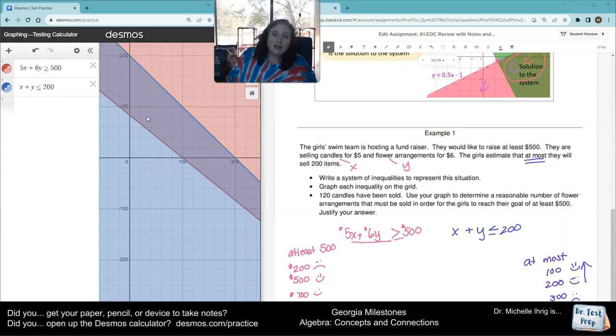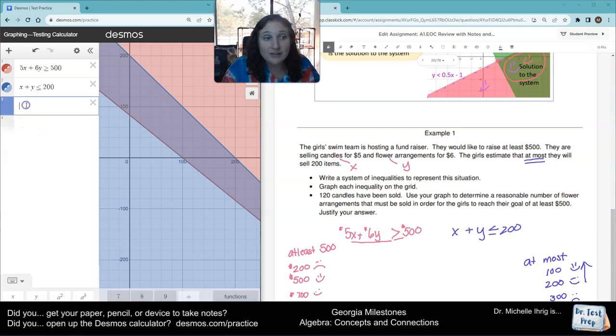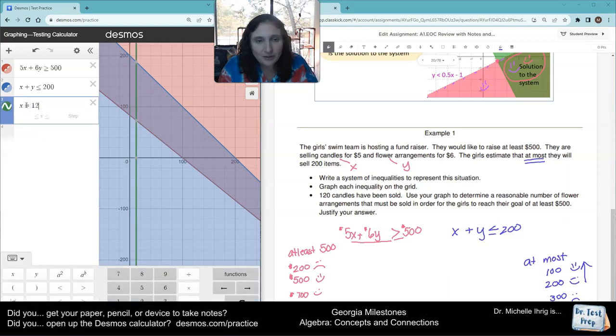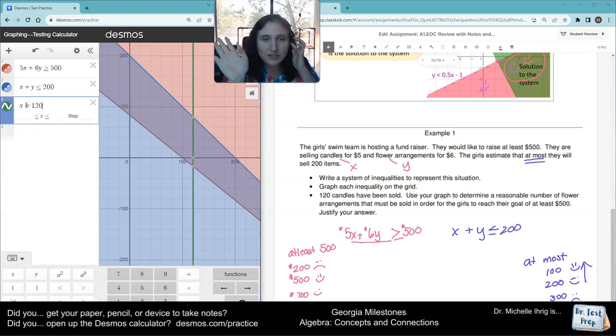So now it says, well, 120 candles are sold. So remember, candles is X. So I'm just going to put X equals 120 just to make our life easy. And it says, use your graph to determine a reasonable number of flowers that must be sold for them to earn 500. It gives you the answer.